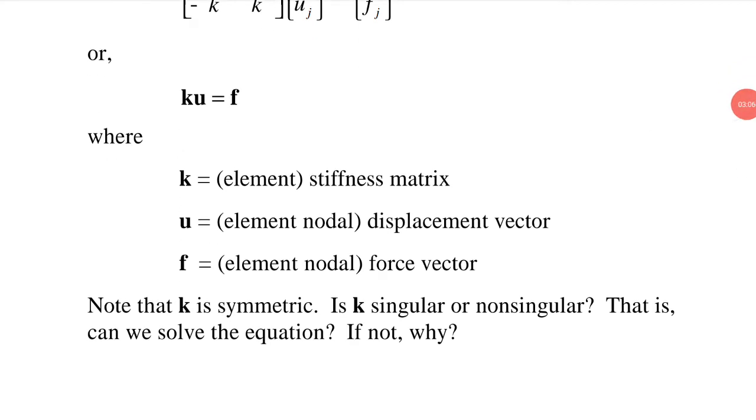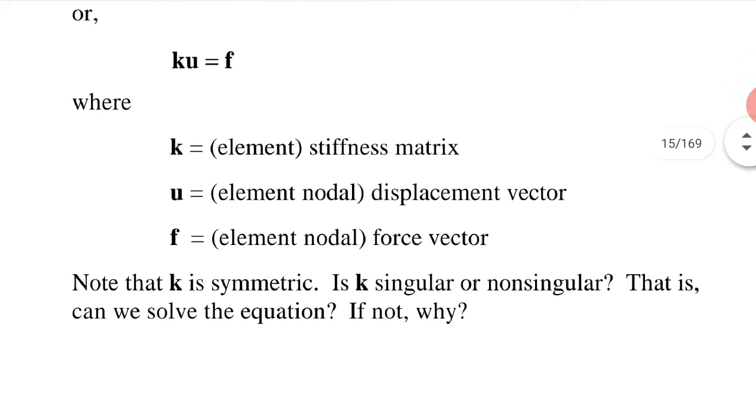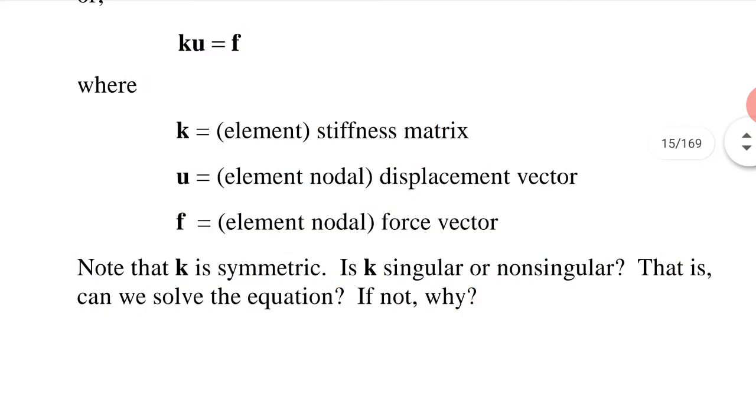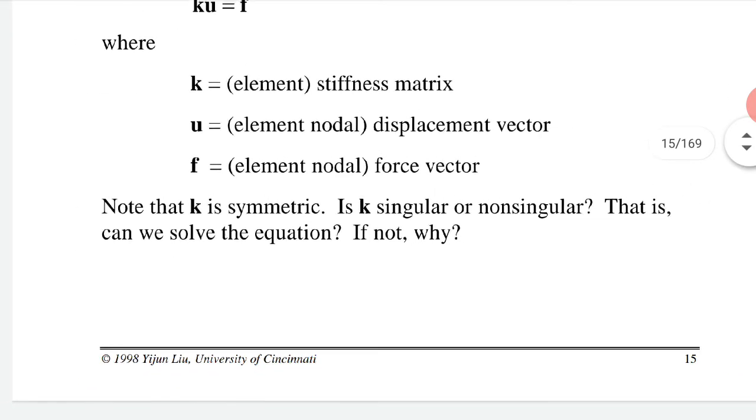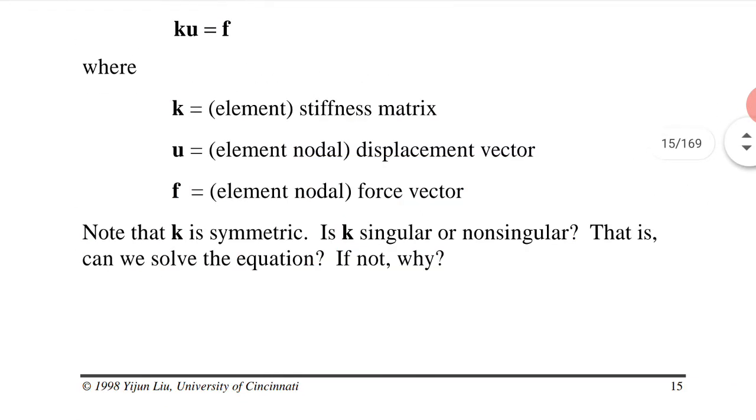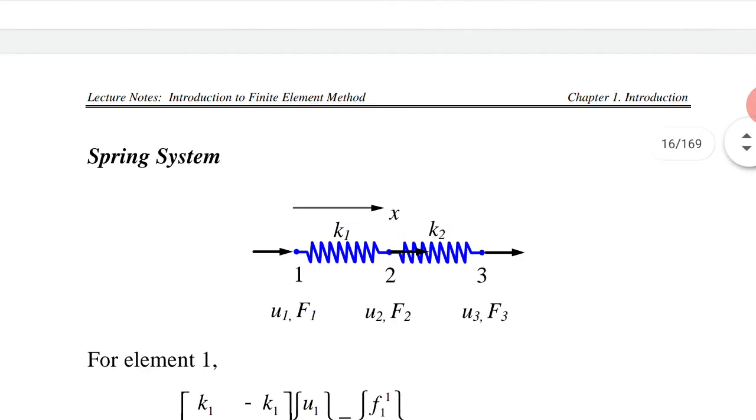So k into u is equal to F, where k is the element stiffness matrix for a single element, u is the nodal displacement vector, and F is the force vector. We know that k is symmetric, and also k is singular or not singular, that is whether we can solve the equation. If not, then why solve this?